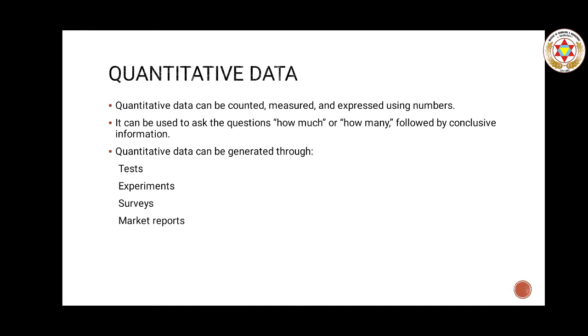Now, quantitative data can be counted. It can be measured and expressed using numbers. It can be used to ask questions like how much, how many, followed by conclusive information.